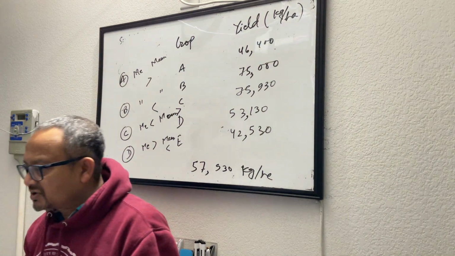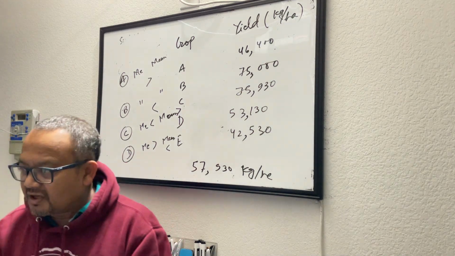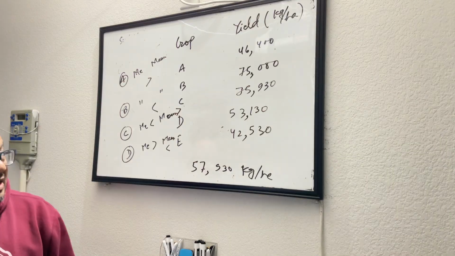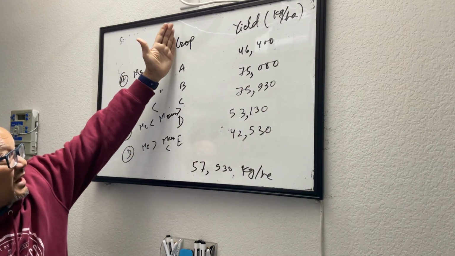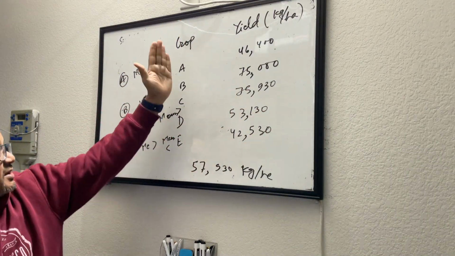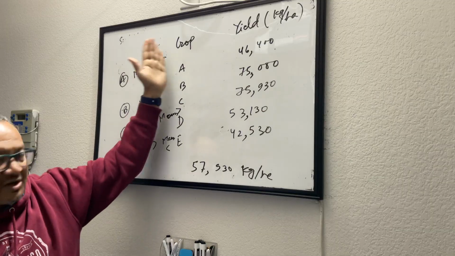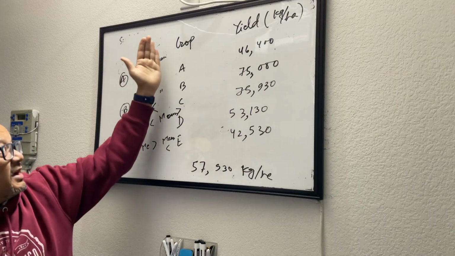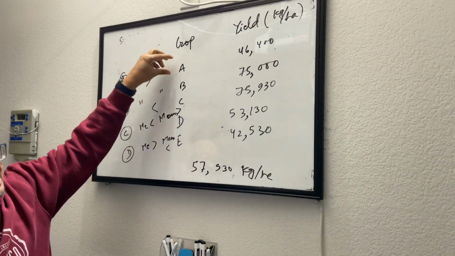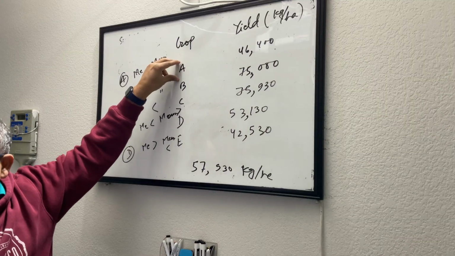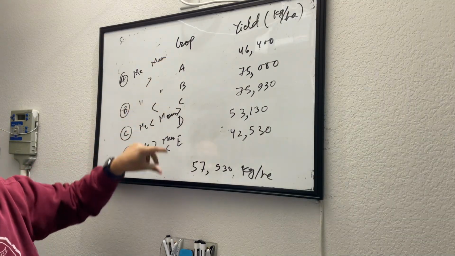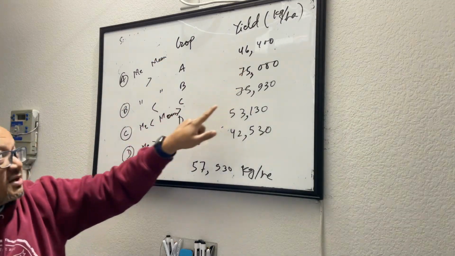So just summarizing this question one last time before I let you guys deal with it. The table that you are seeing here represents the yield of different varieties of onion in terms of kilograms per hectare.